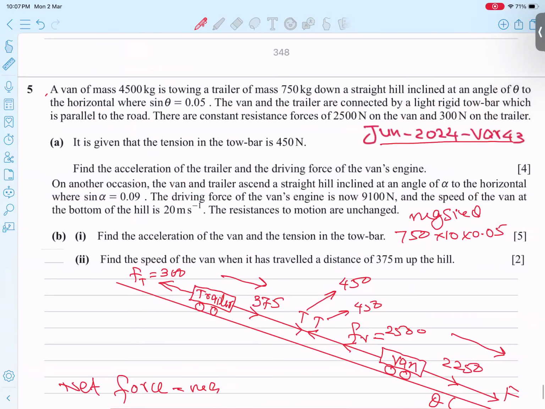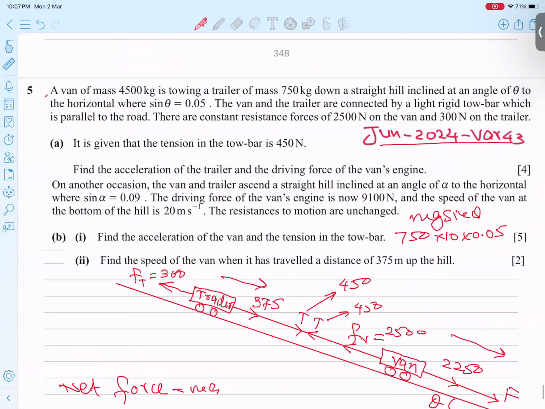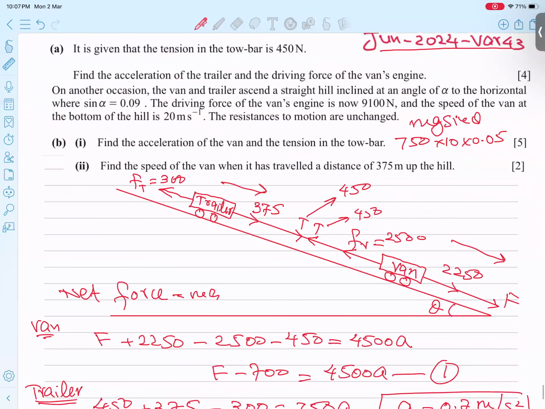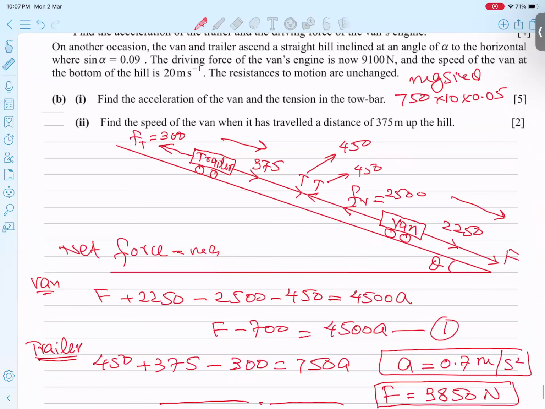Now the second situation is saying that on another occasion, the van and trailer ascend. It means it's going upwards. The angle is alpha, first theta, now alpha, and he gave us sine alpha is 0.09. He mentioned that the driving force is given on the van, and the speed of the van at the bottom is 20. And he said the resistance to motion is unchanged, so the friction for both particles will not change at all.